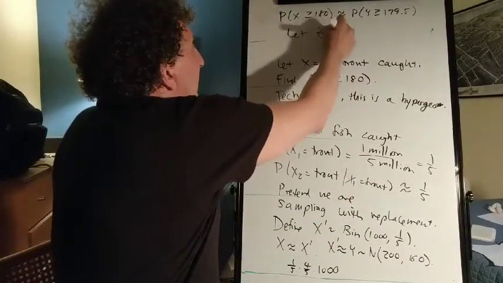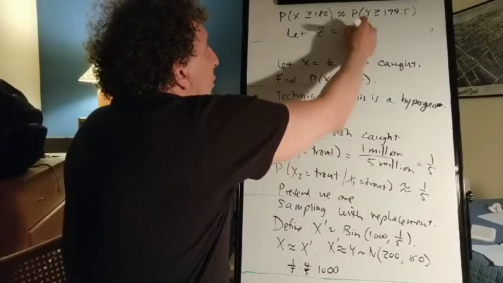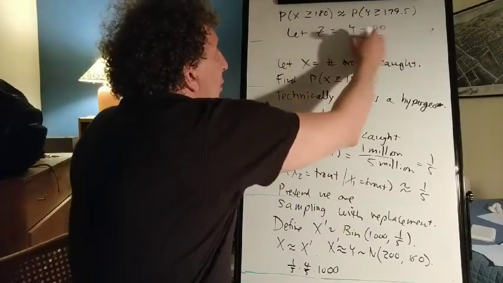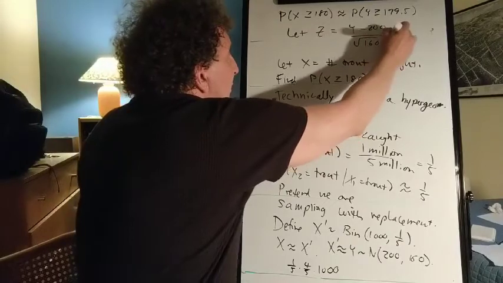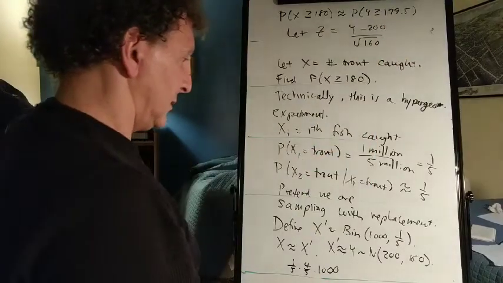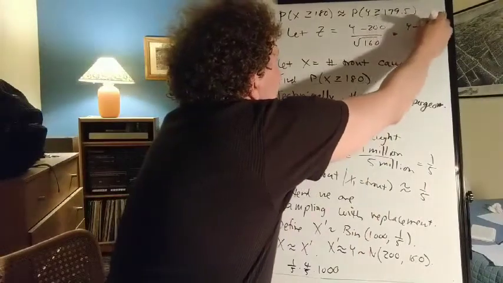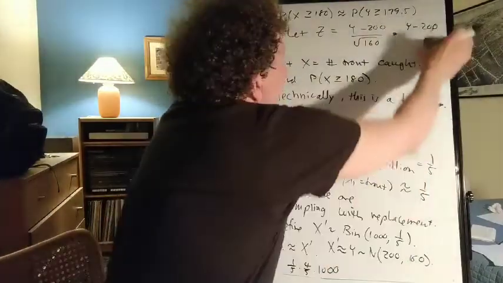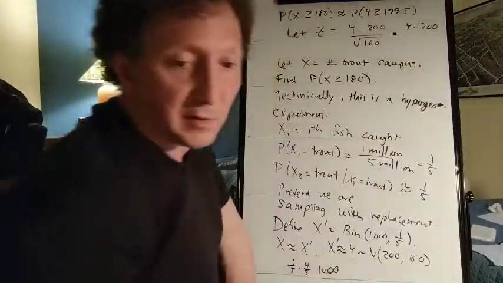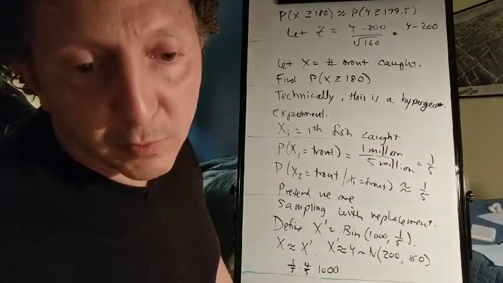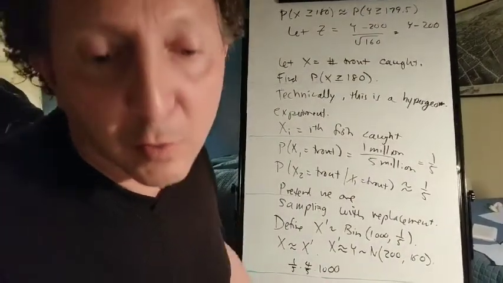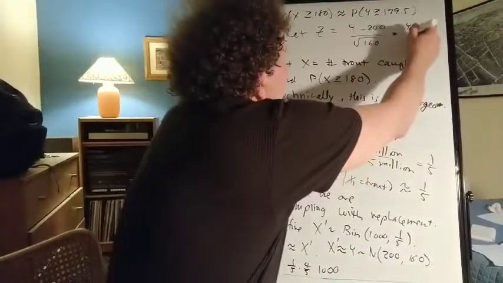Let z be y minus 200 over square root of 160, so that we can look this up in a table. Square root of 160 is 12.65.